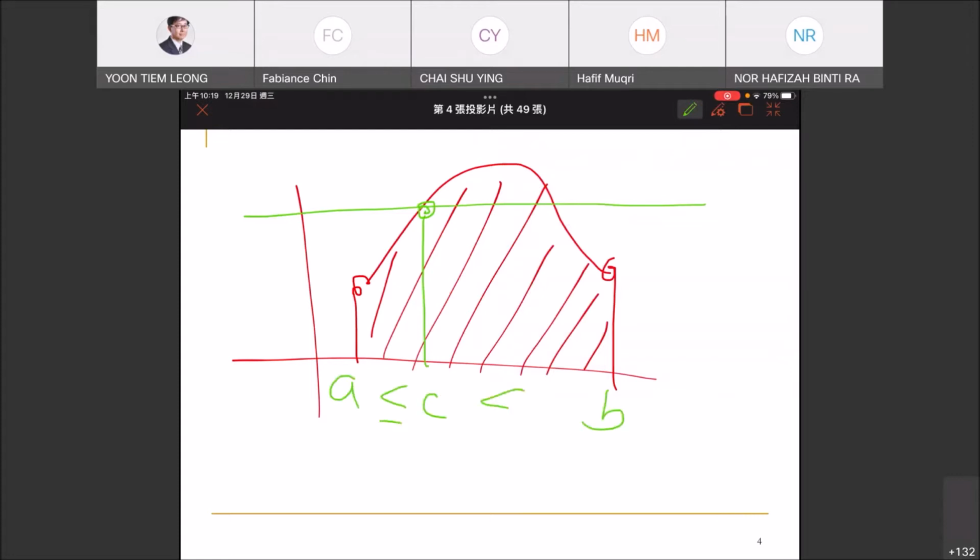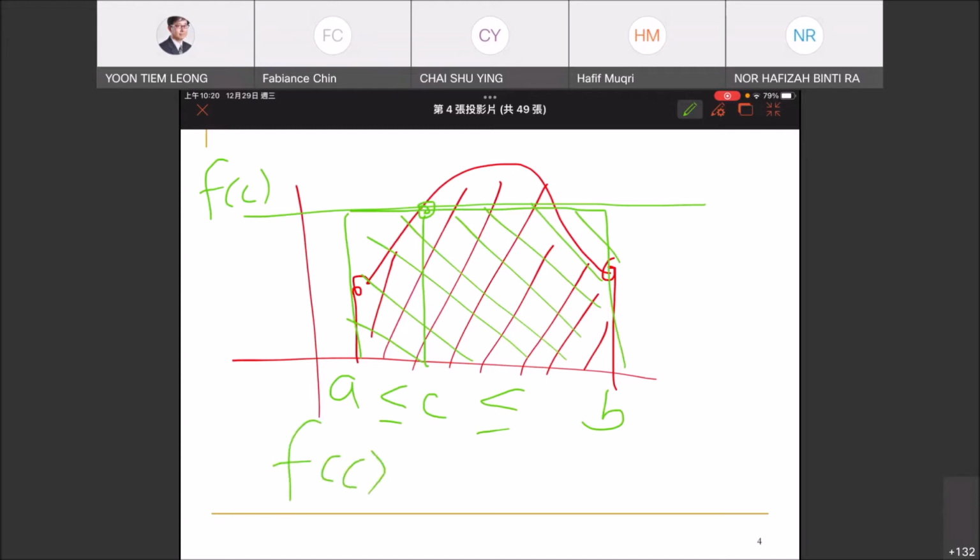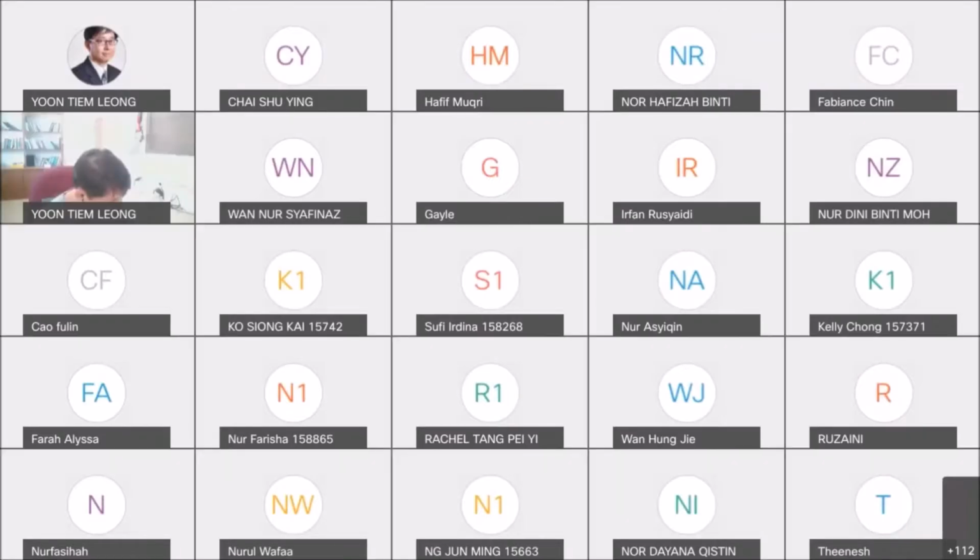C is a number that is guaranteed to exist, at which the value of the function at this point defines an area of this, right? So the green box that I write down here represents the area defined by f(c). So the area of the green box is f(c) times b minus a, and this is guaranteed to be equal to the area of the function between a and b.